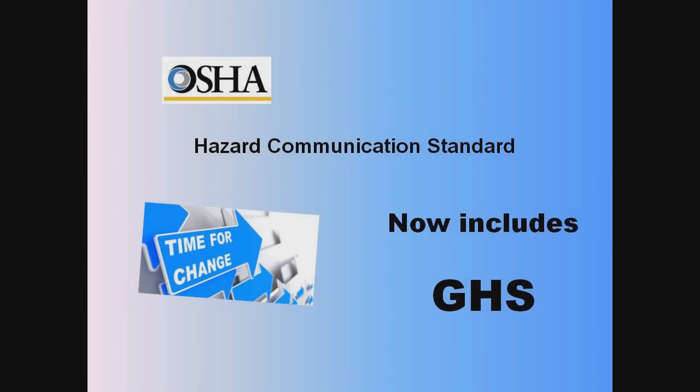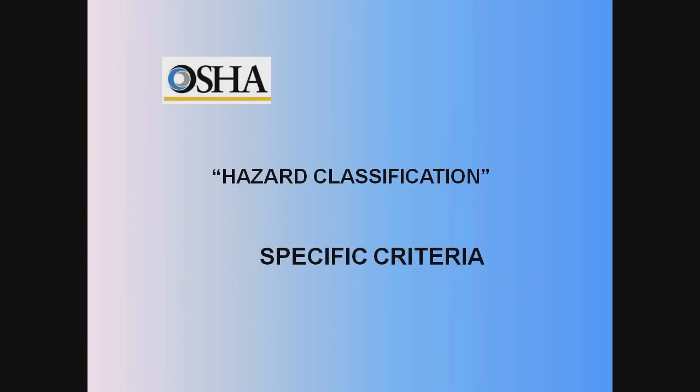OSHA's Hazard Communication Standard is designed to ensure that information about chemical hazards and associated protective measures are disseminated to all workers. This standard has been revised to include the GHS. The major changes you should know right now are hazard classification. This replaces hazard determination.